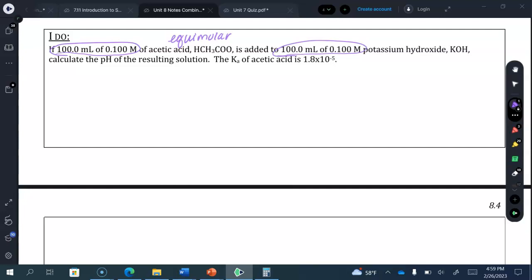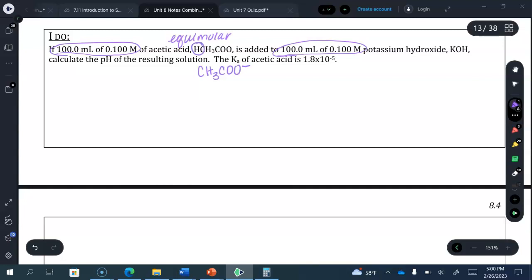So we need to look at its equilibrium with the acid. The conjugate base of acetic acid, because that's the weak acid, is CH3COO minus, because its leading H is the one that is donated. And so when we form the conjugate base, it is going to react with water.